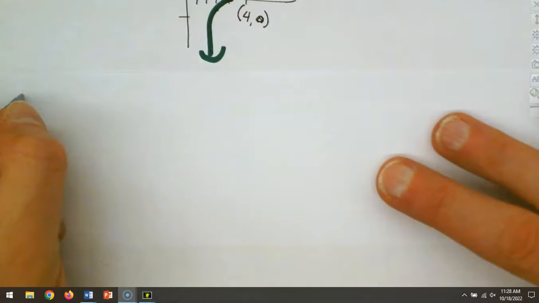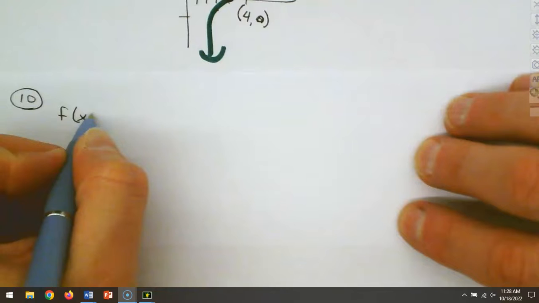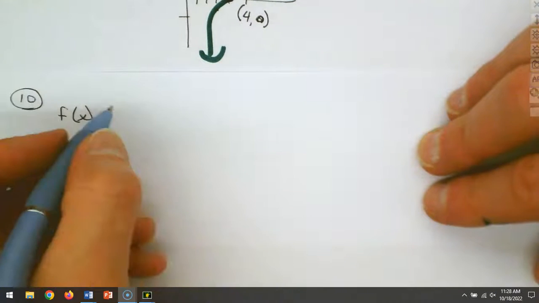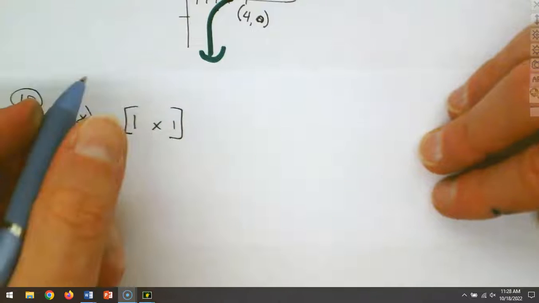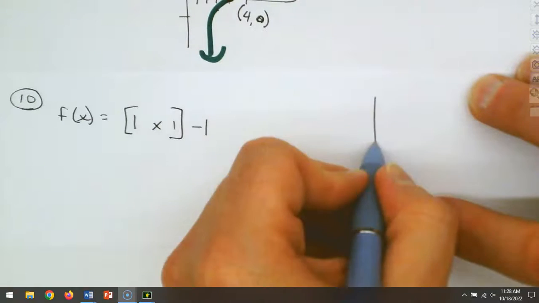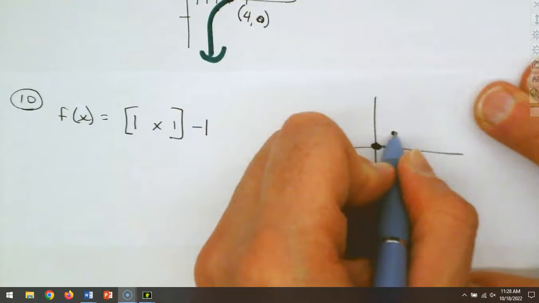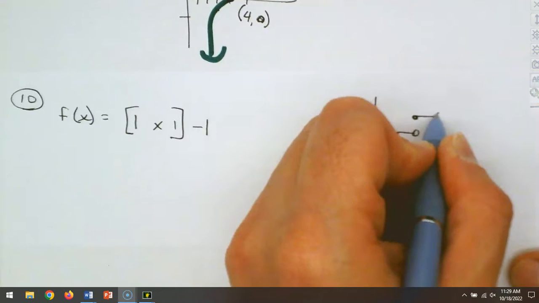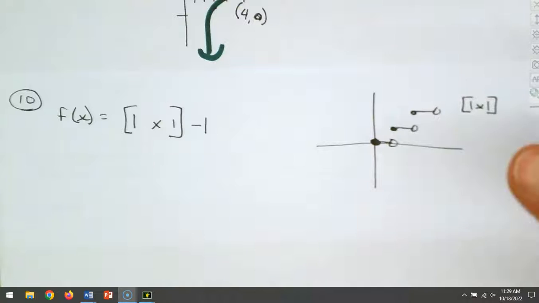Okay, so question 10, and we've got f of x equals the greatest integer of x minus 1. So what is this going to look like? Okay, this is the greatest integer. So it looks like a case of stairs, doesn't it? Right? Looks like stairs.